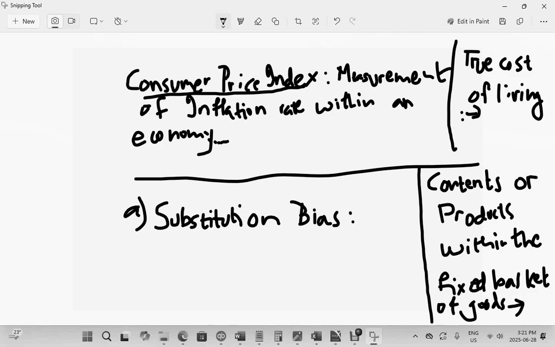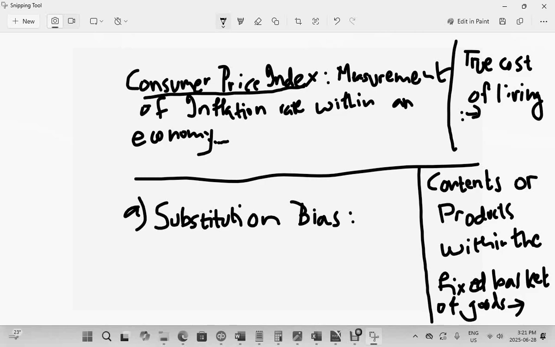Now, if you compare the true cost of living with the basket of goods that keeps on changing, the substitution bias basically says, hey, listen, because the content in the basket of goods keeps changing because of supply and demand, consumers may choose different goods all the time. The consumer's income may go up, as a result of which they may buy normal goods rather than inferior goods, or they may choose inferior goods rather than normal goods if their income goes down.